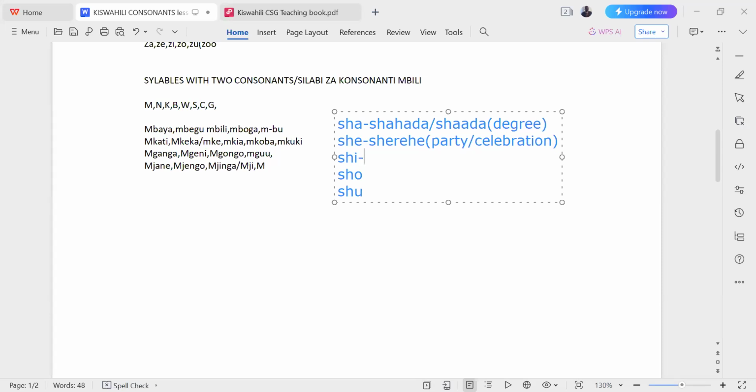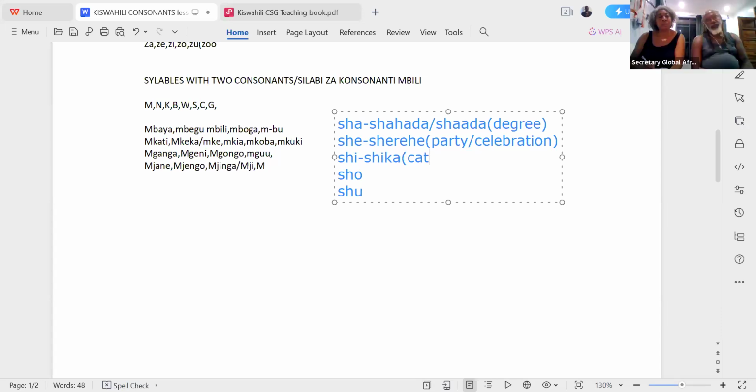And for she, we can have, for example, the word shika, which means catch. Shika, catch.